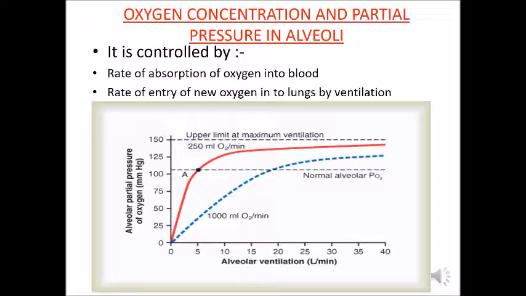But to maintain 104 PO2, alveolar ventilation is increased up to 20 liters per minute, 4 to 5 times the normal value. And total diffusion of the oxygen is 1000 ml per minute. In resting curve, it is 250 ml per minute. So 4 times more diffusion of the oxygen occurs during exercise, and 4 to 5 times more ventilation occurs during the exercise.